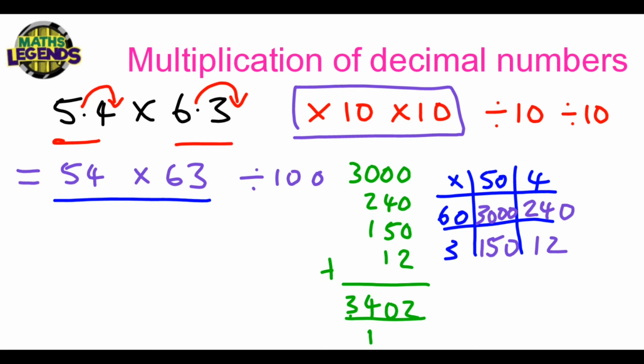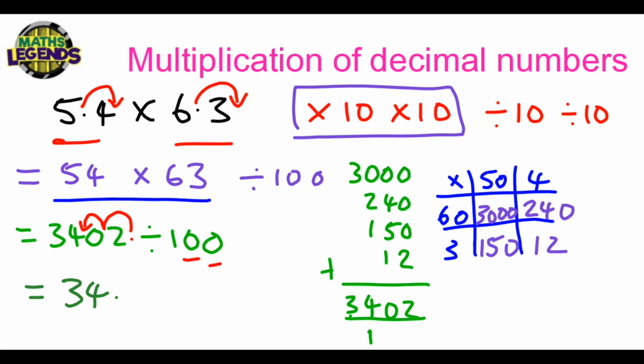So the answer becomes 3402 divided by 100. So now we have 2 zeros to divide by, so we move the decimal point 1 and 2 places to the left. So the answer becomes 34.02. Let's look at another example.